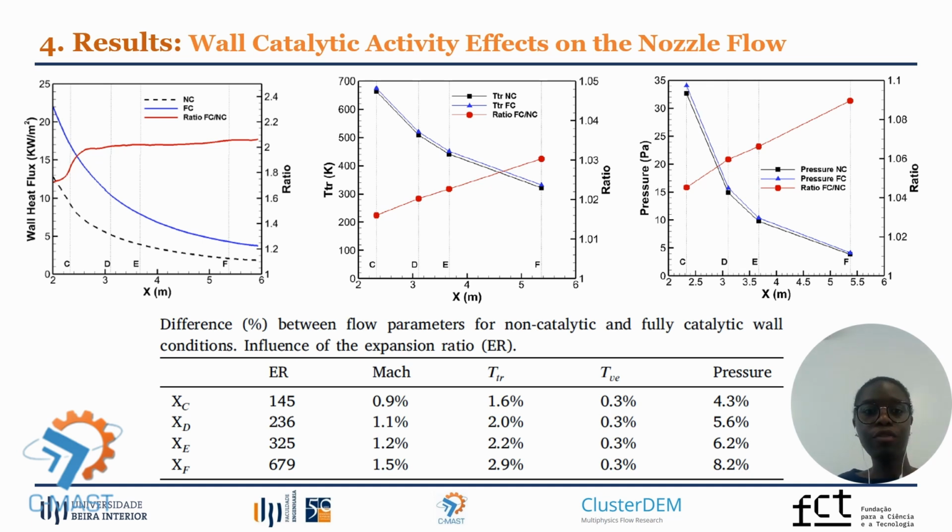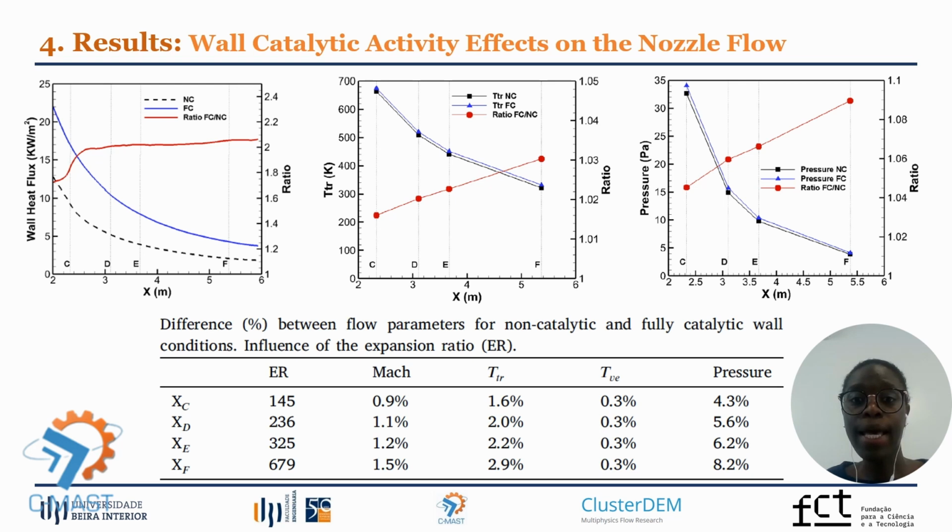Here we have some of the results of the investigation of the impact of the wall catalytic activity in the flow field. 2 extreme conditions were considered: a fully catalytic wall, represented by Fc, and a non-catalytic wall, represented by Nc. In fully catalytic walls, all the atoms that reach the nozzle surface are recombined into molecules, while in a non-catalytic wall, there is no recombination reactions occurring in the nozzle surface.